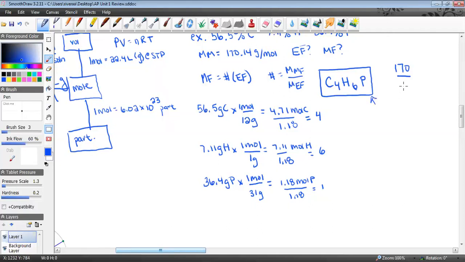And that guy's mass is around 85 grams per mole. So we get a multiple of 2. This is my molecular formula.